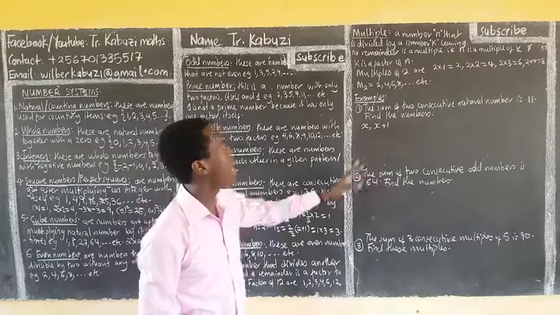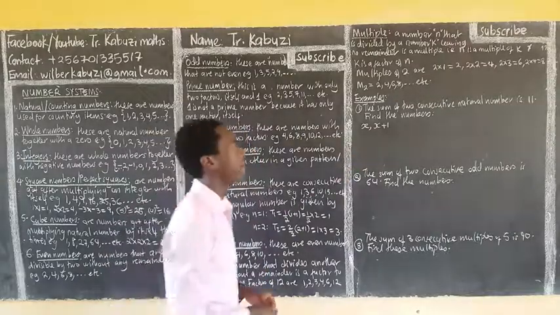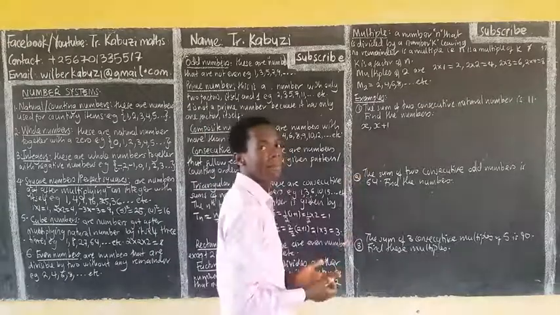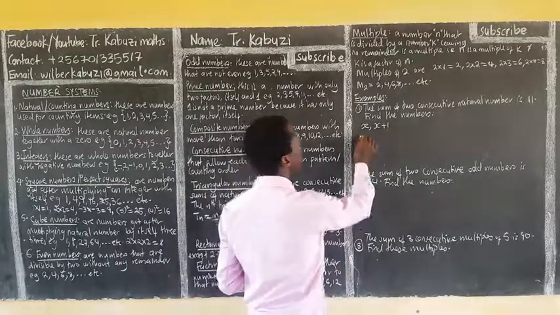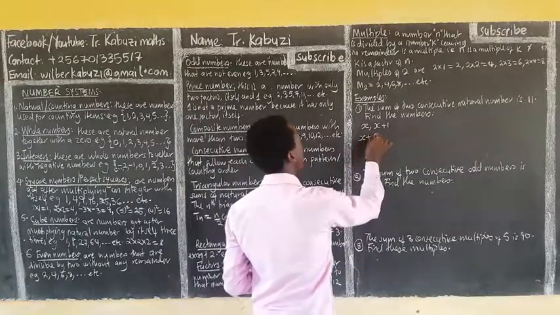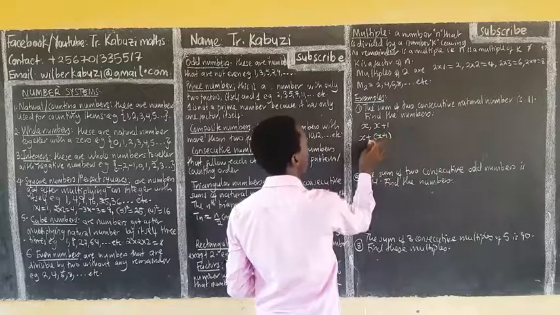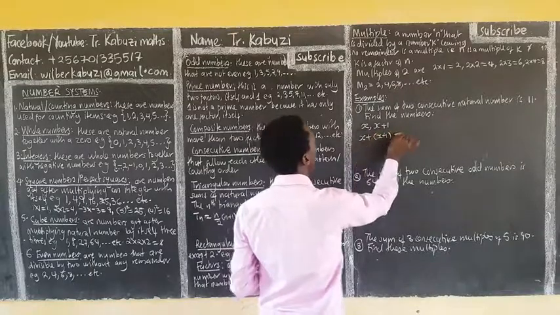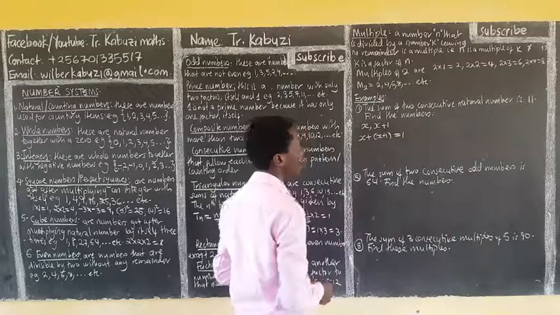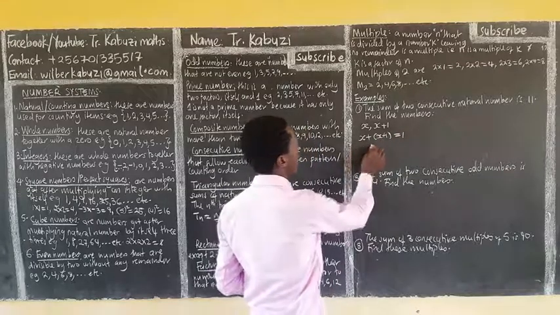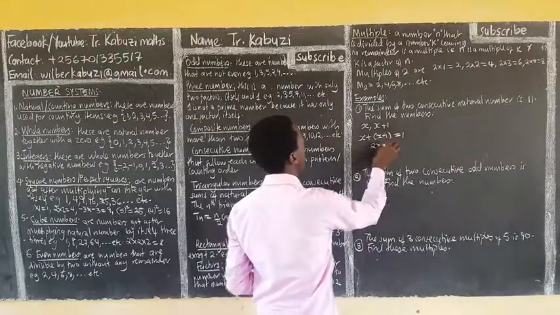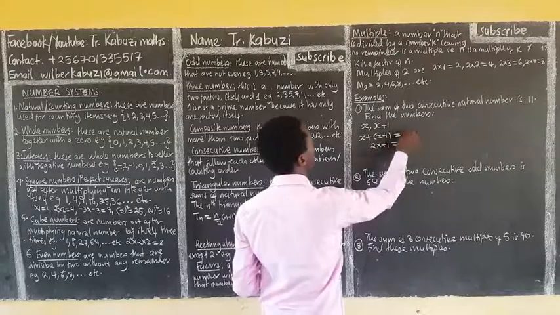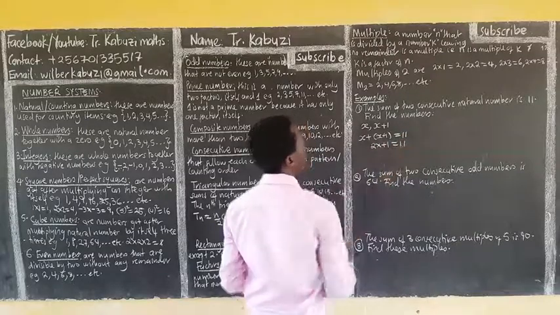They're telling me that the sum of these is 11. Summing means you add. So x plus (x plus 1). When I add these, I get 11. Now x plus x gives 2x, plus 1, equals 11. How do I remove this 1?